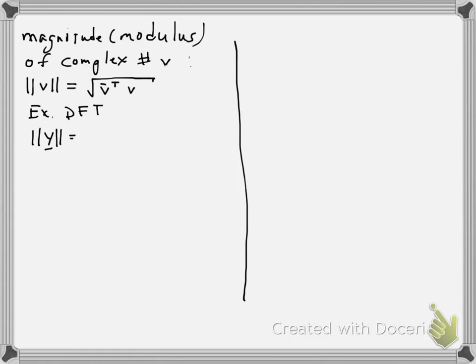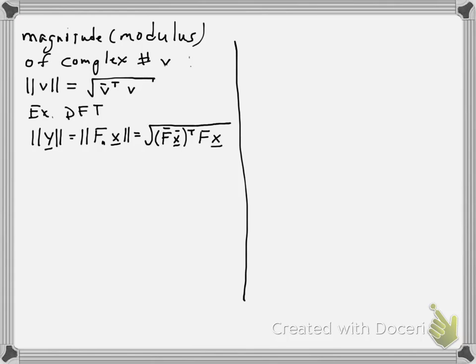So this is equal to, well, it's the magnitude of Fx, which is equal to the square root of, in parentheses, the conjugate of F times the conjugate of x, and then transpose of that times Fx.